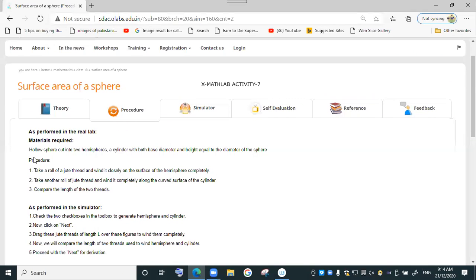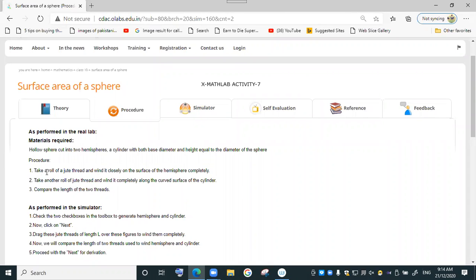Materials required: a hollow sphere cut into two hemispheres, and a cylinder with both base diameter and height equal to the diameter of the sphere. You can make these with paper, one hemisphere and one cylinder, and stick them in your practical notebook.